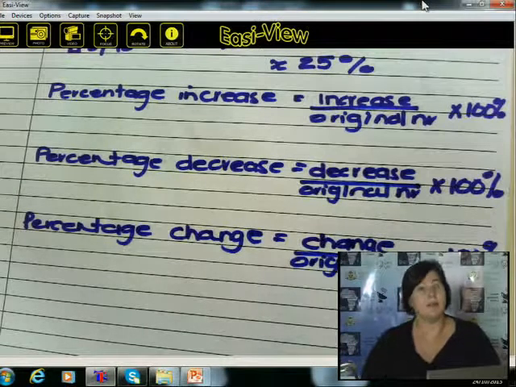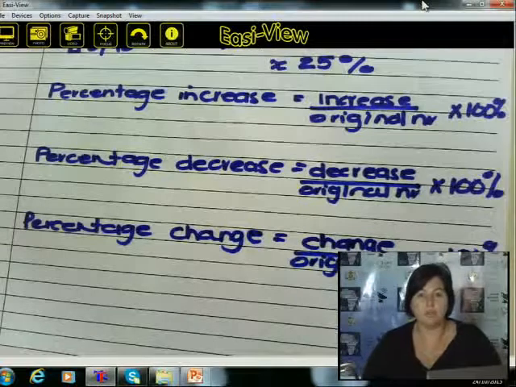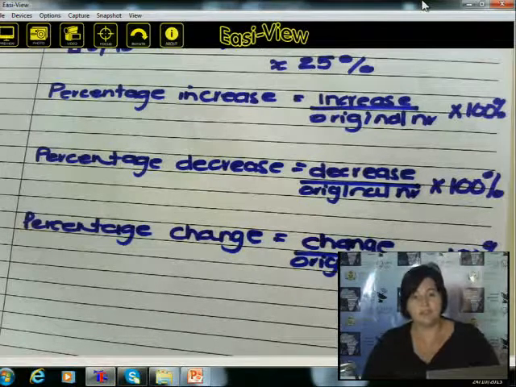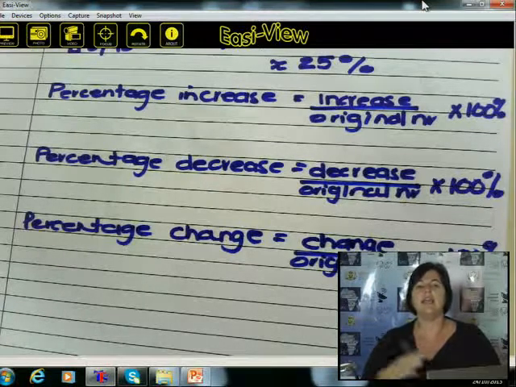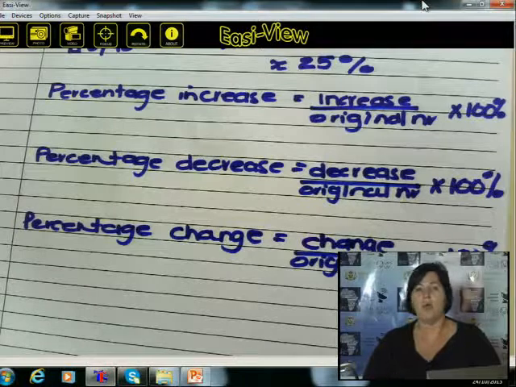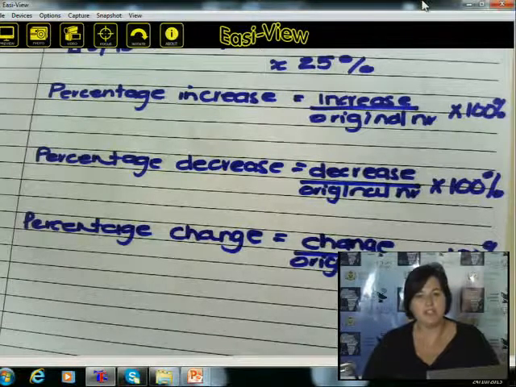So yes, sometimes they give it, sometimes they don't. But what is important is that you must know them. Because like I showed you now, they use it in every question paper. Whether they refer to the percentage increase, the percentage decrease, the percentage change, or even now calculating the inflation rate.